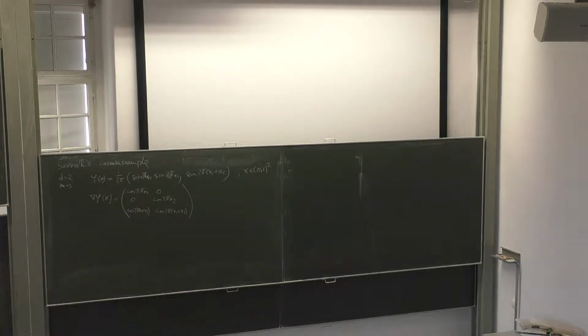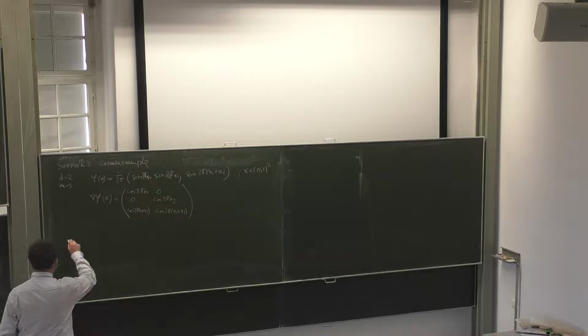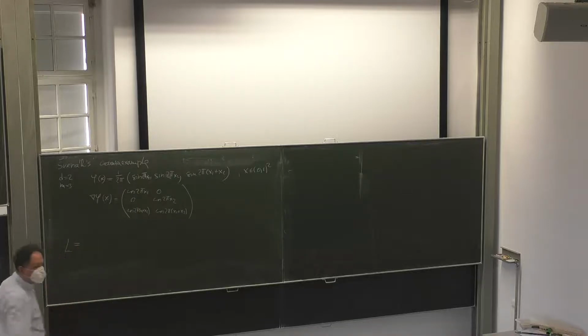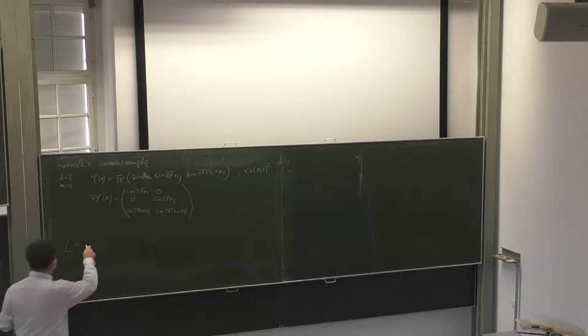So now I take a subspace of the matrices in 3 times 2, and this will be the following subspace.